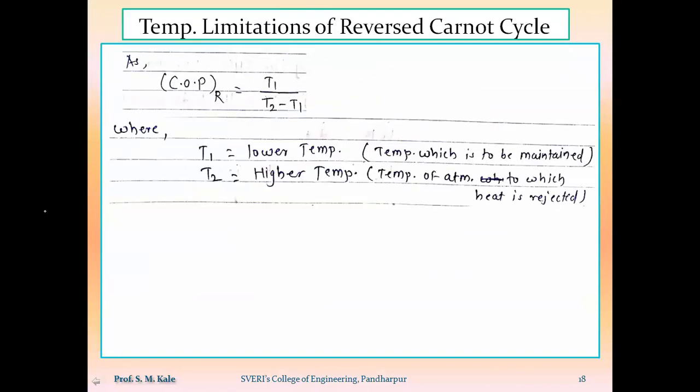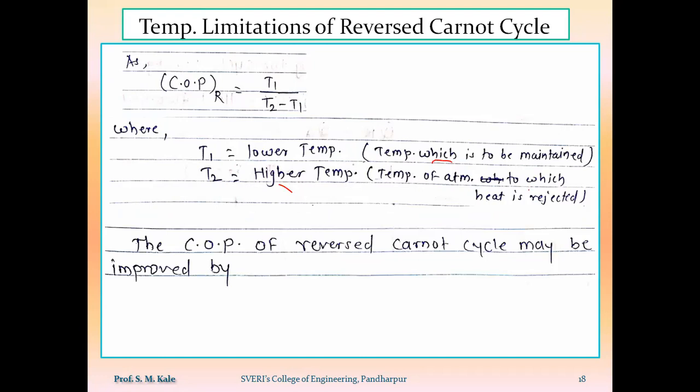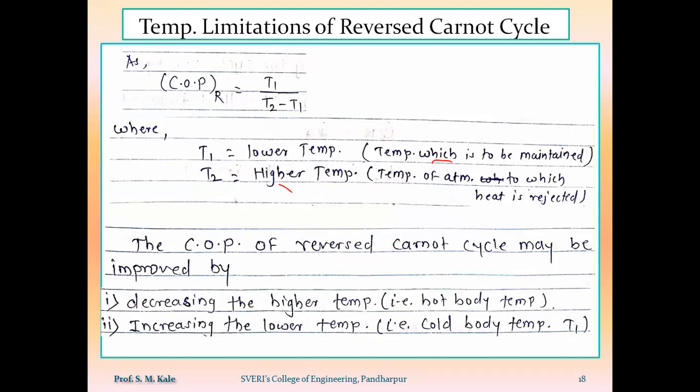As COP depends upon two parameters, T1, the lower temperature, that is the temperature which is to be maintained, and T2, the higher temperature at which heat is rejected. So by either increasing the lower temperature, that means increasing the value of T1, or by decreasing the value of T2, the COP of reverse Carnot cycle may be improved.